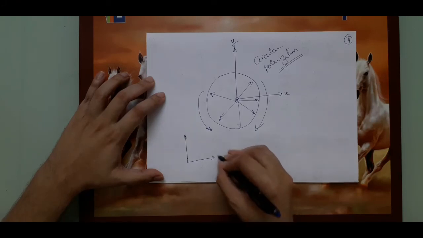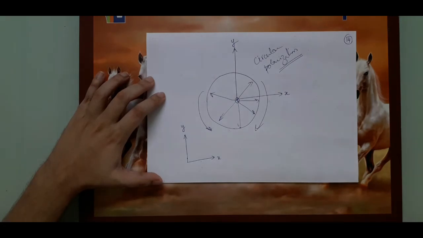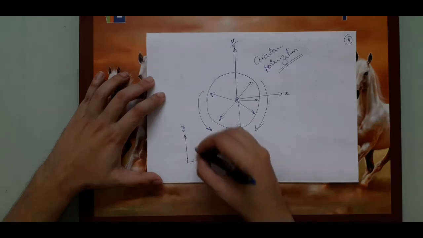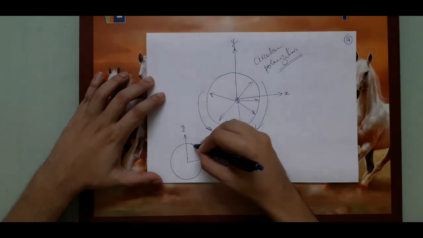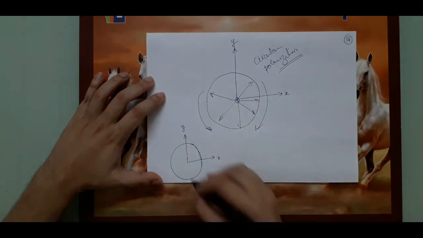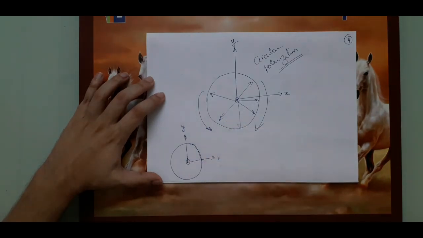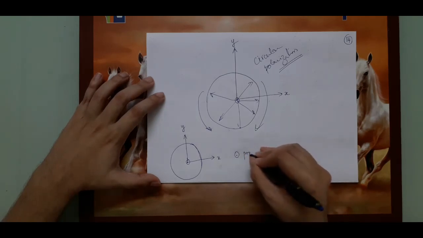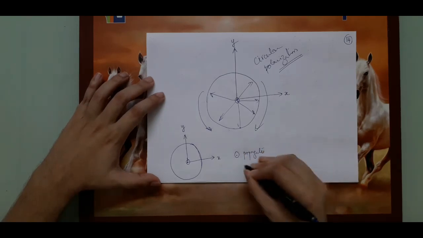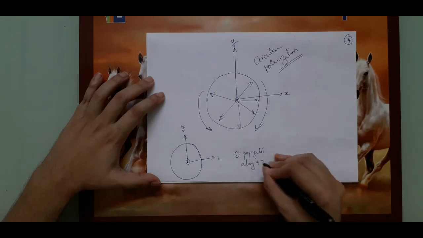Suppose this is the x-axis, this is the y-axis. Now, if my circular polarization looks like this, and suppose the wave propagates along plus z.